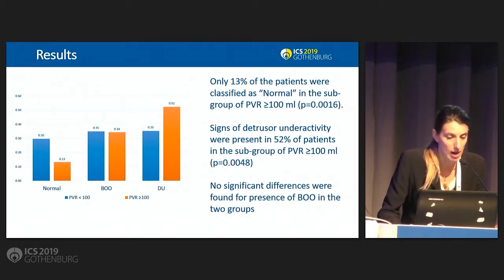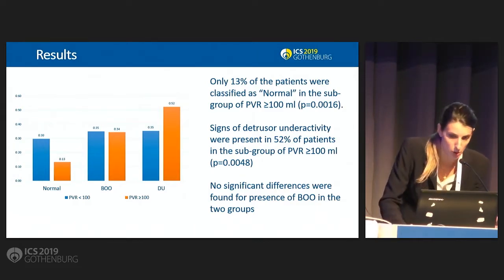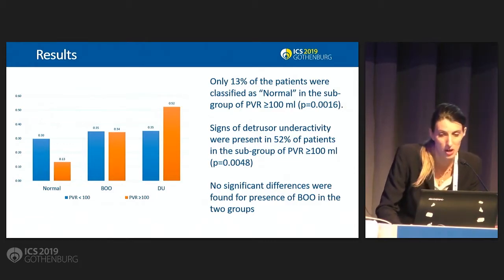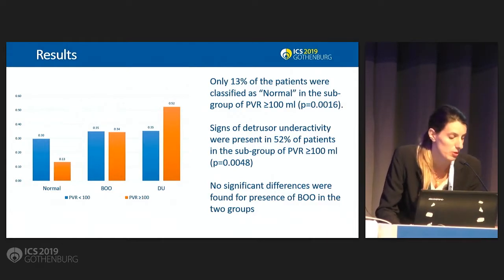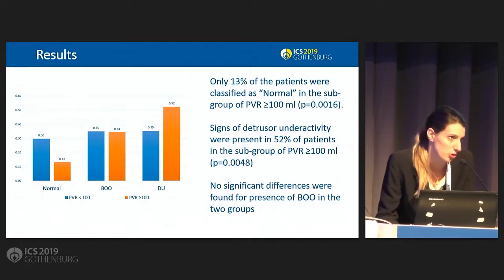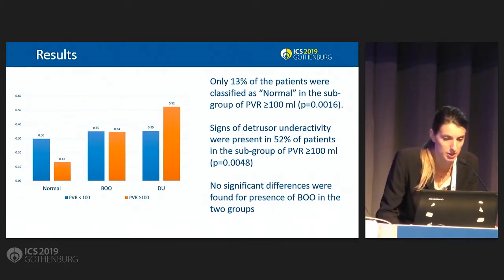But in the group with the PVR above 100, we had only 13% of the patients voiding normally, which was a significant finding. For detrusor underactivity, it jumped from 35% to 52% in the group with significant PVR. No significant differences were found for the presence of bladder outlet obstruction in the two groups.